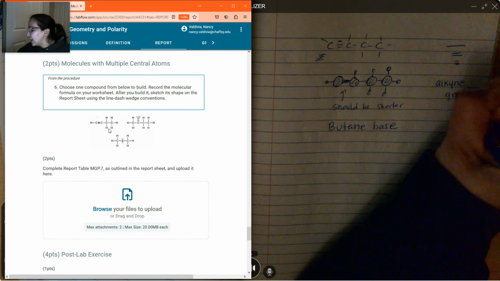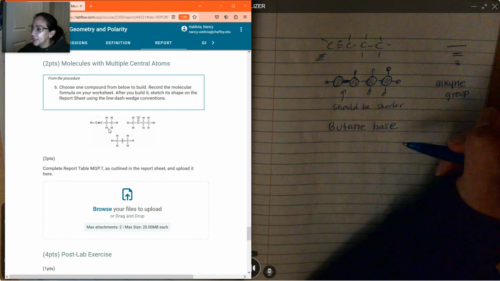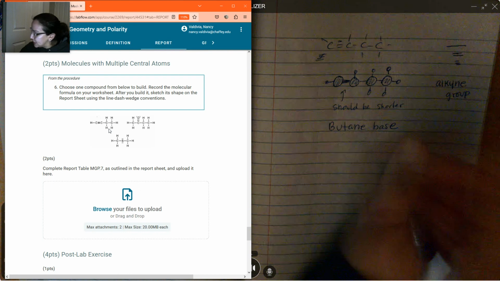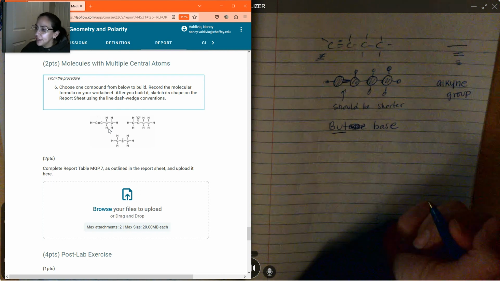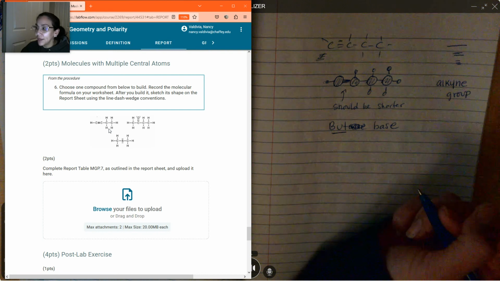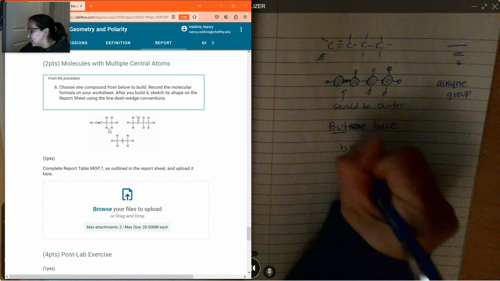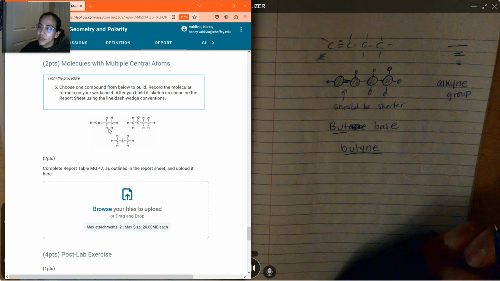So it's an alkyne group with the butane base. So when I name this, I'm going to be combining this, and I'm going to drop the ane because ane is for an alkane, which is a single bond.